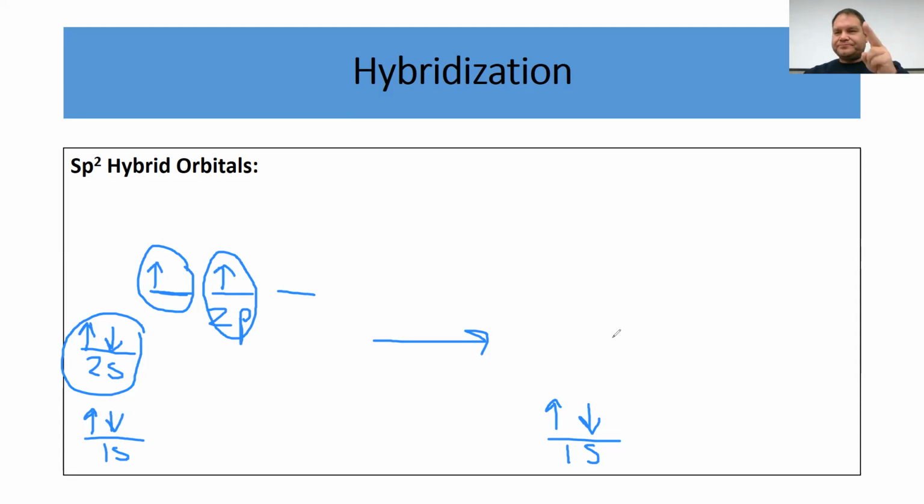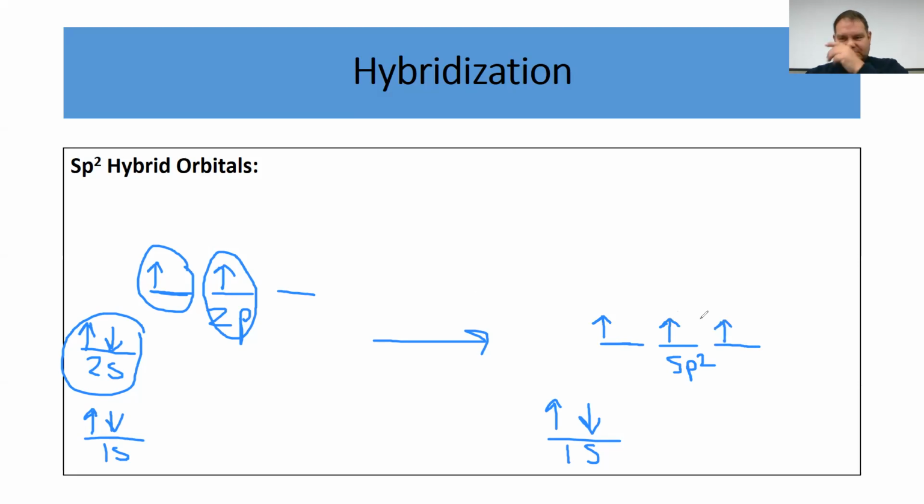And as a result, 3 orbitals mixed, we make 3 hybrid orbitals. And those 3 hybrid orbitals are going to be lower in energy. sp2. And we're going to have an electron in each one of those.